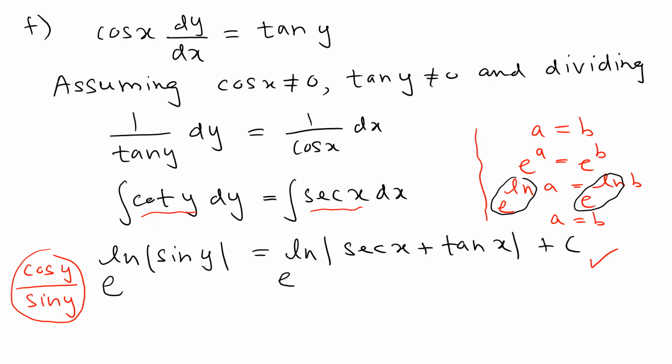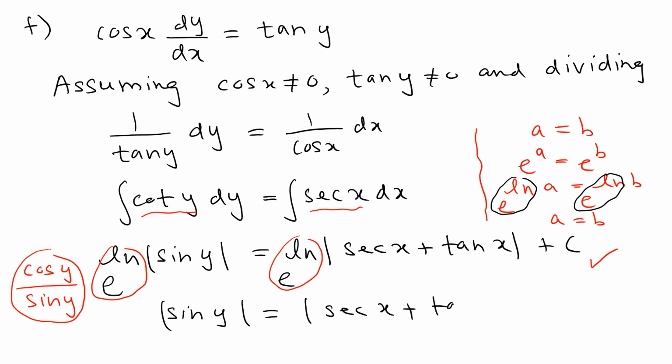Because of that, e to ln and e to ln get cancelled out on both sides. So what happens is you get other expressions. This says that simply the absolute value of sine y equals secant x plus tan x plus c.